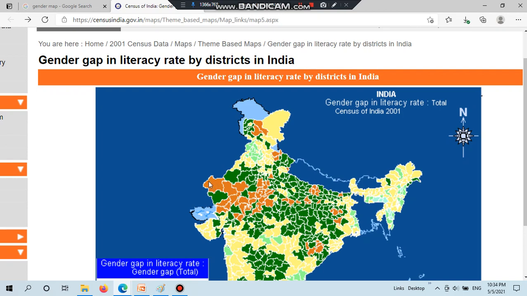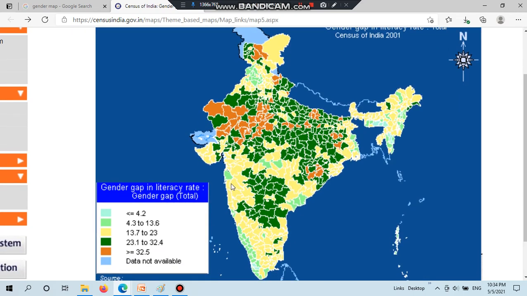Throughout the whole of Rajasthan, the literacy rate is not uniformly distributed, or throughout the Jammu Kashmir region, the literacy rate is not uniformly distributed at the rate of 13.7 to 23. So spatial variation is a problem in population data. Plotting population information on the map provides an erroneous result.